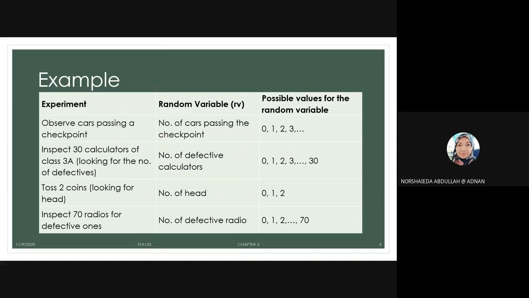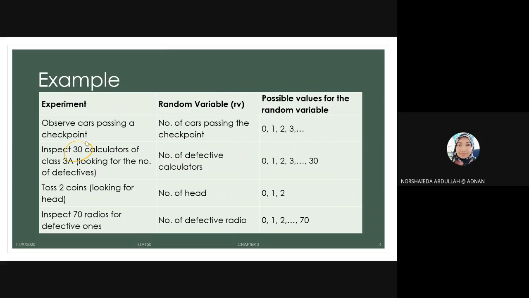The second experiment is we inspect 30 calculators. Then kita nak tengok random variable that we want to consider is the number of defective calculators. We inspect 30 and we want to study the number of defective calculators.